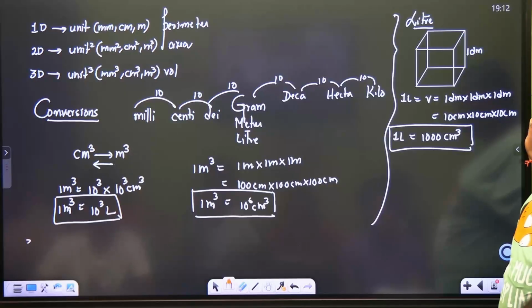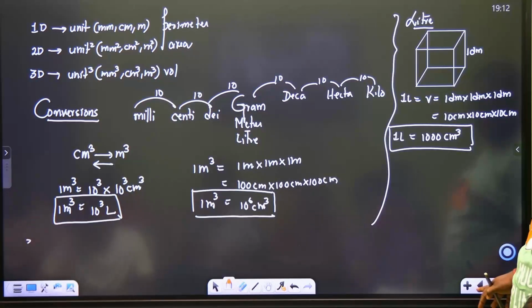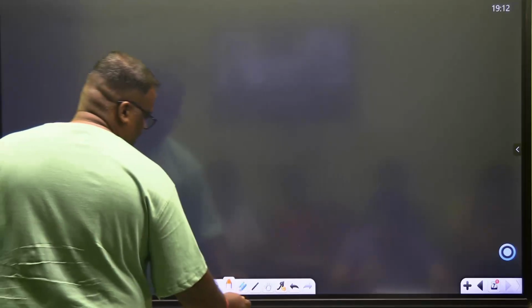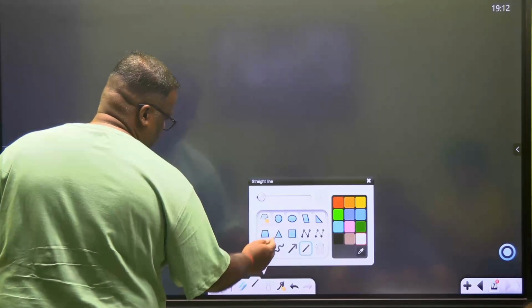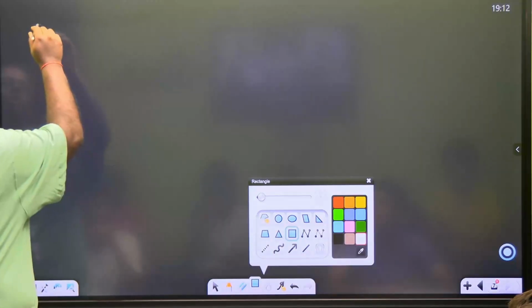Let's go to some more concepts, and let's start with our 3D shapes, and let's get an idea about it.